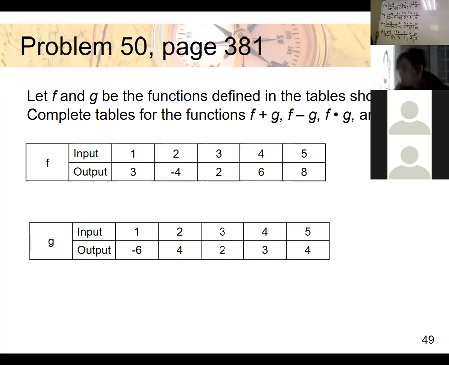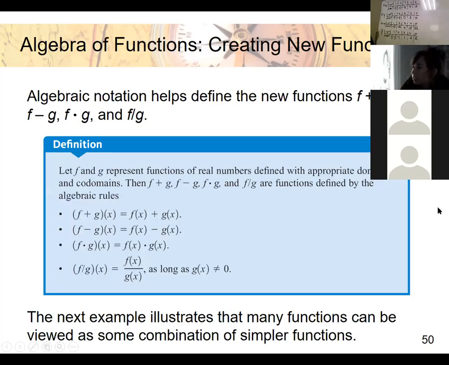Okay, now on this next slide, here we go. It's just what I got through talking about. That defines the new functions, f plus g, f minus g, f times g, and f divided by g. So here, f plus g of x is simply adding f of x and g of x together.